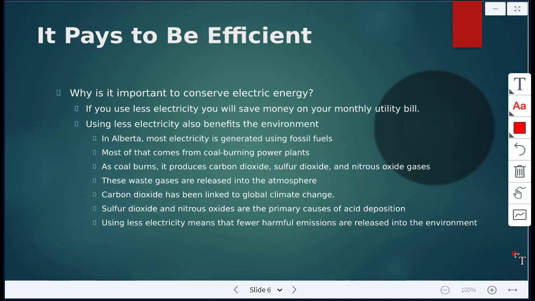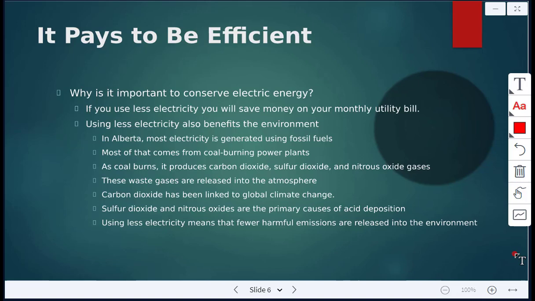Secondly, using less electricity is also beneficial to the environment. In Alberta, most electricity is generated using fossil fuels, and most of that comes from coal burning power plants. But we know that as coal burns, it produces carbon dioxide, sulfur dioxide, and nitrous oxide gases.